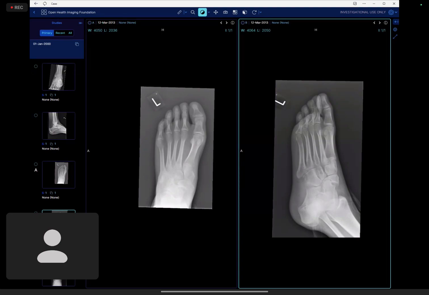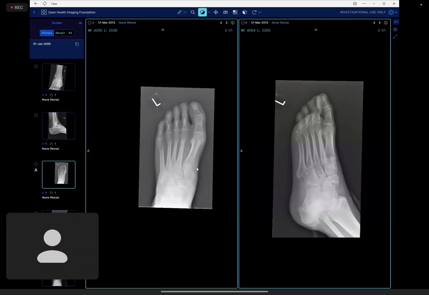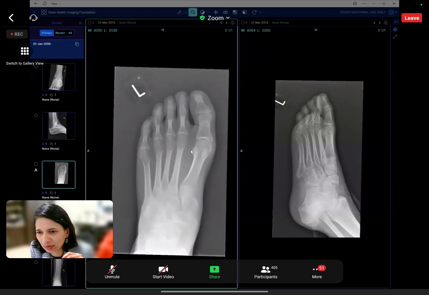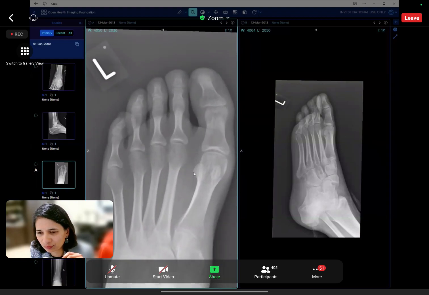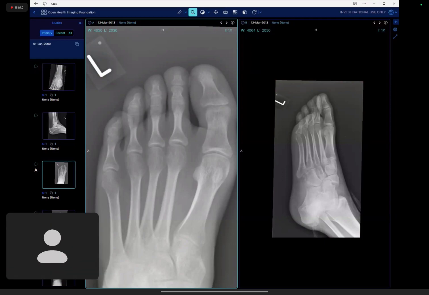I'm not sure whether that's projectional. Would you mind zooming in on them if that's okay? Okay, thank you. Yes, it's slightly lucent, but this probably is projectional. I can also see that on the oblique view as well.